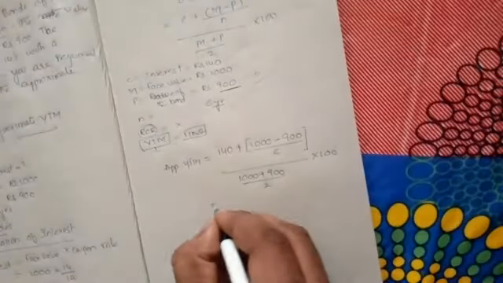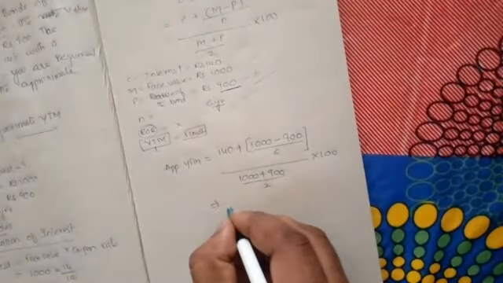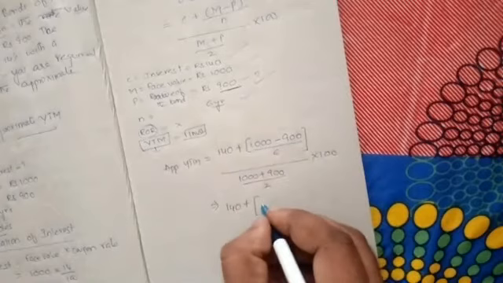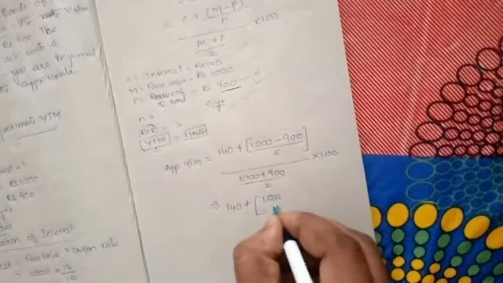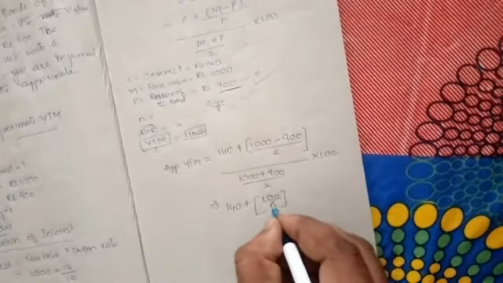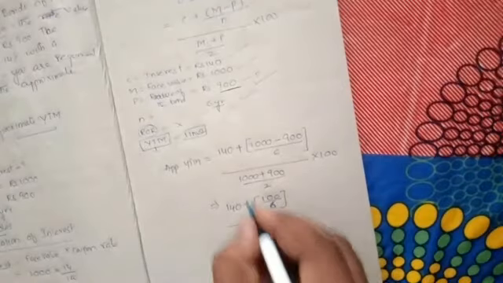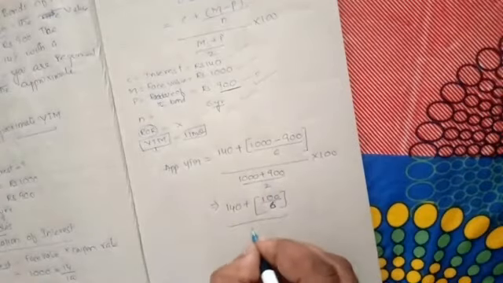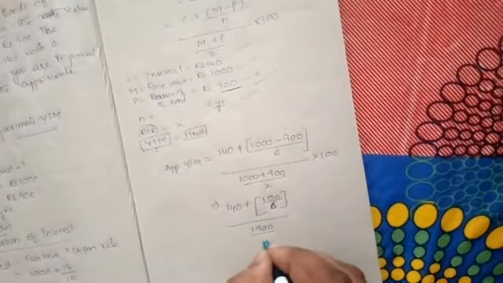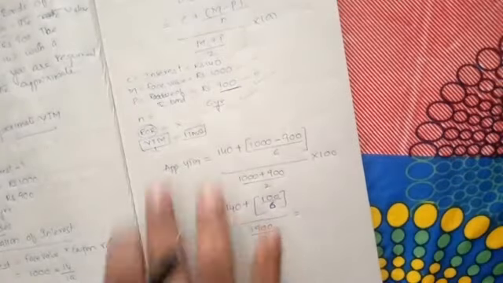Okay, so when you simplify this, 140 plus (1000 minus 900) divided by 6, that is 100 divided by 6, whole divided by (1000 plus 900) divided by 2. So 100 divided by 6, how much is it?